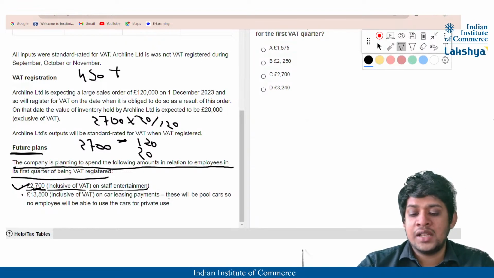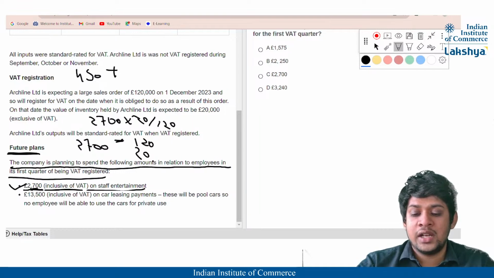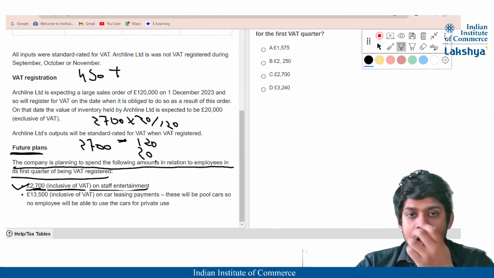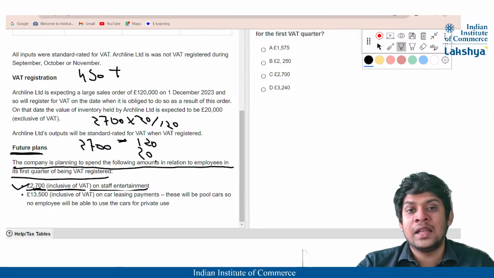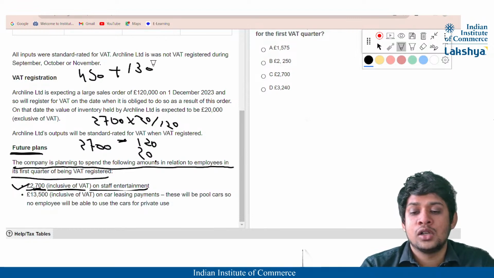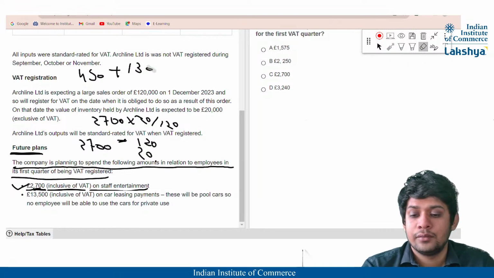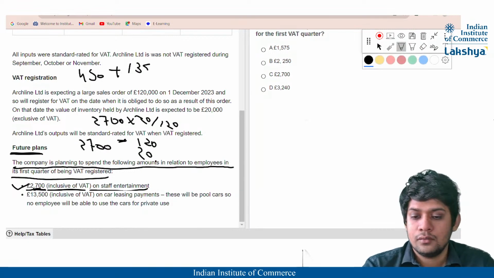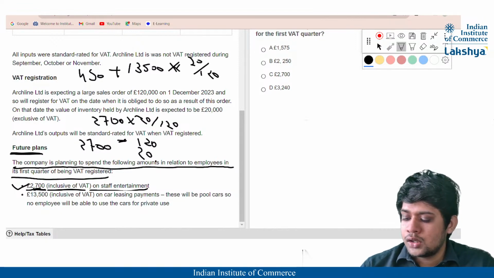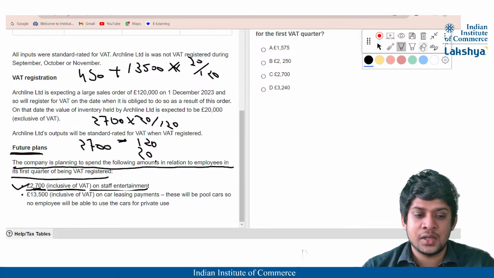Plus for the car leasing, it is a pool car, so that means I've only provided them for business use. So 13,500 is also inclusive of VAT, so it will be 20 divided by 120, the same way. 13,500 into 20 divided by 120 is 2250.